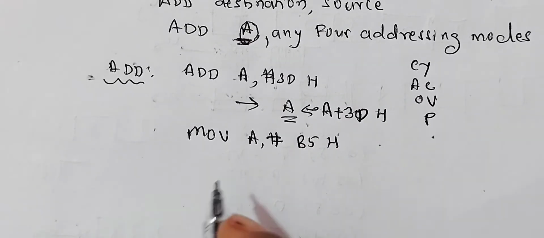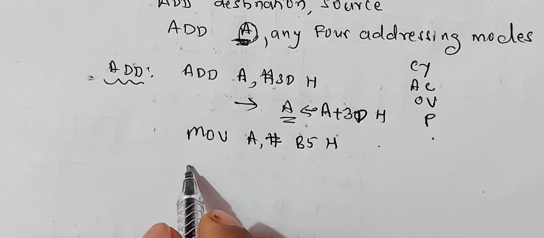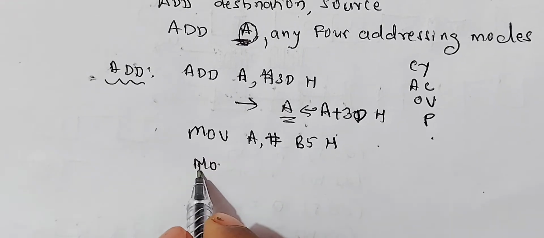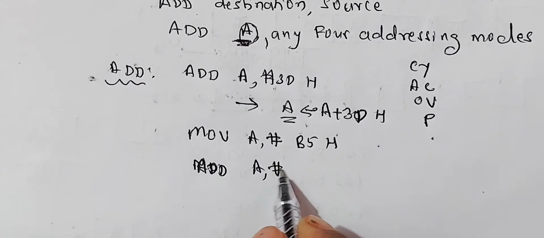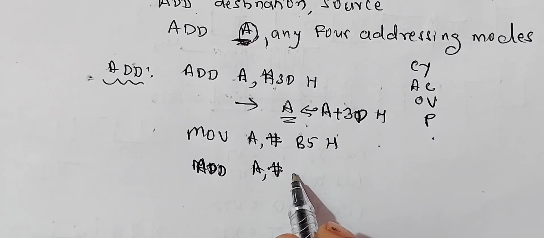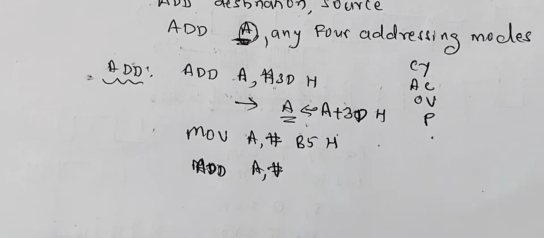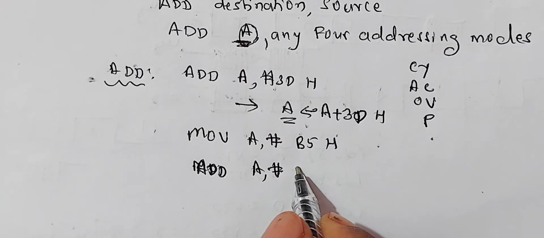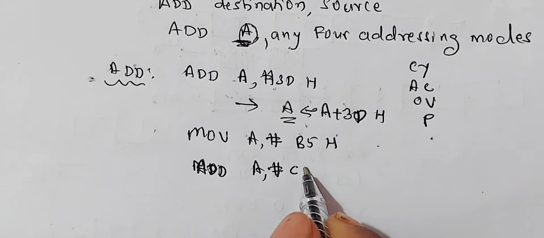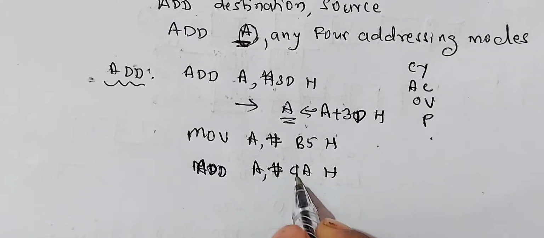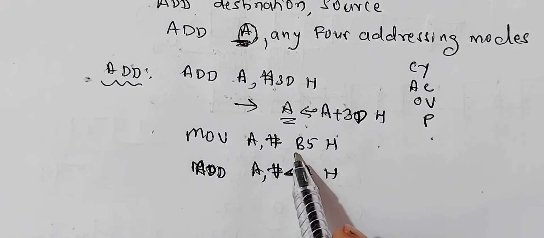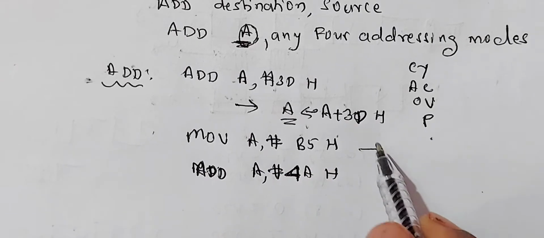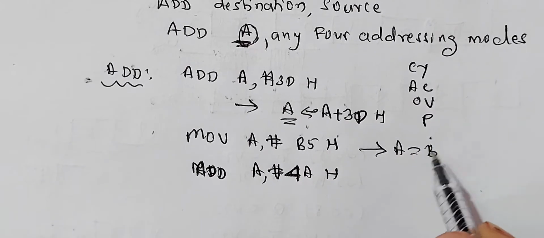Now I will write the ADD instruction: ADD A comma # with immediate addressing mode, 4AH. Here this implies that the data B5 is stored in A, so A is equal to B5.